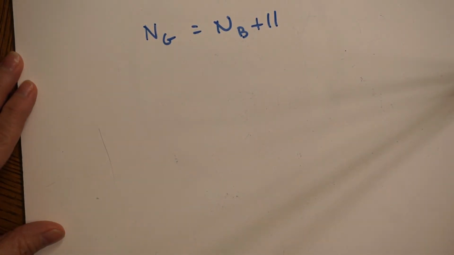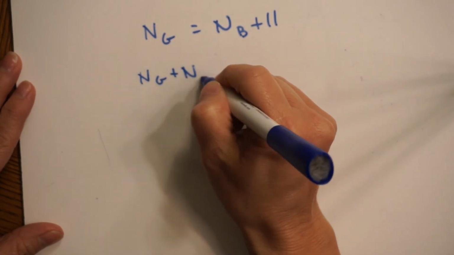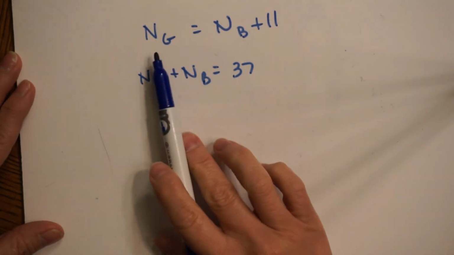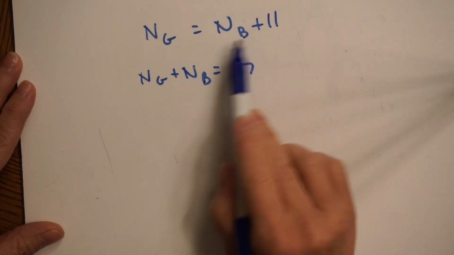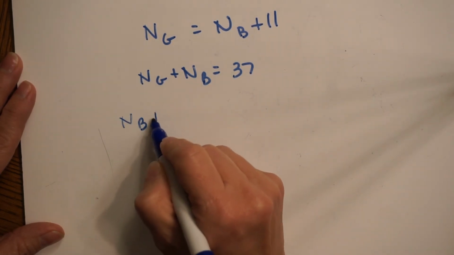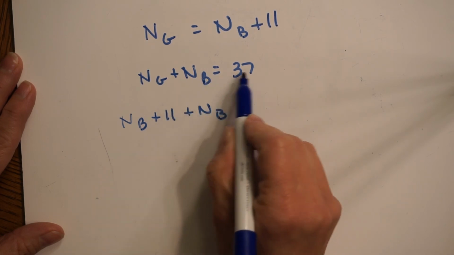If there were 37 pupils in the class, so the number of girls plus the number of boys is going to be equal to 37. Again, this one's already solved for this variable, so we'll just use substitution. Put this in where NG is. So we get NB plus 11, and then we just write out the rest of this that's left.